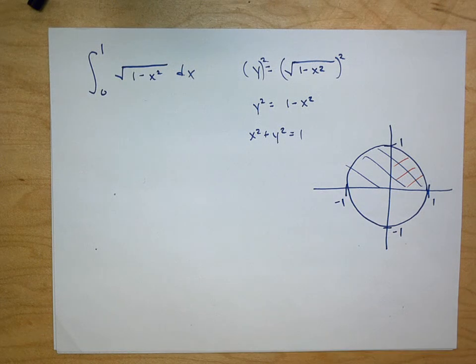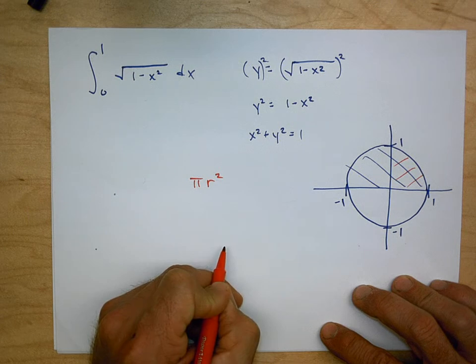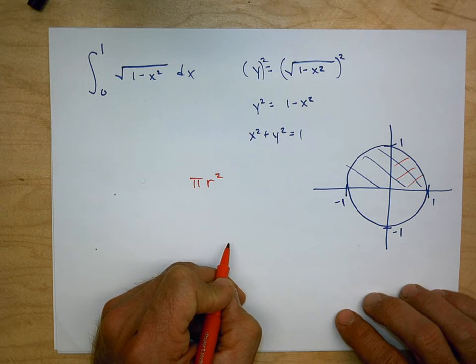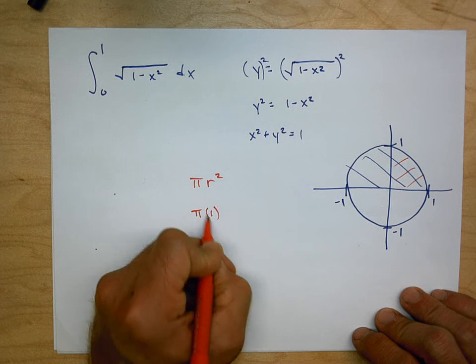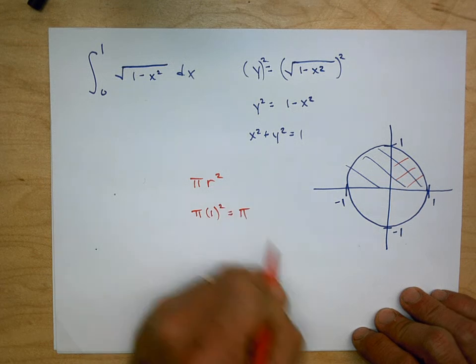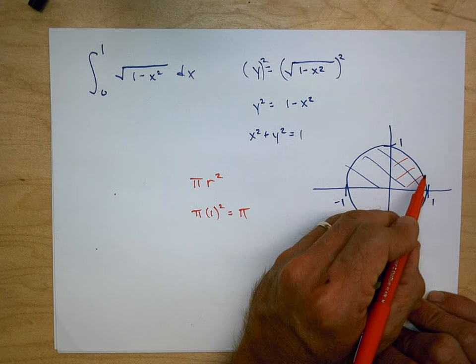So we can use what we know about the area of circles. The area of a circle is pi r squared. In this case, the radius is 1, so the area of this whole circle is pi times 1 squared, which is pi. But we are just looking for the quarter of the circle that's in the first quadrant.